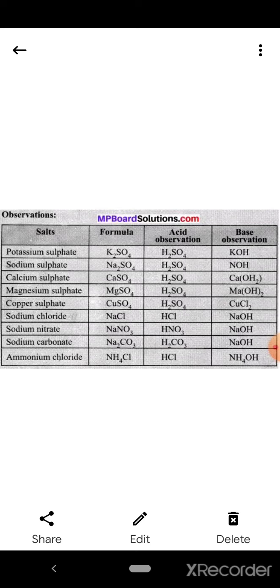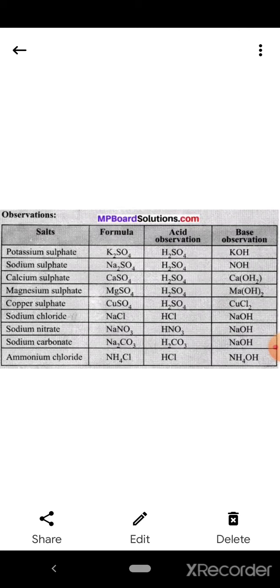When we consider these salts, we have written the formula of the particular salts.